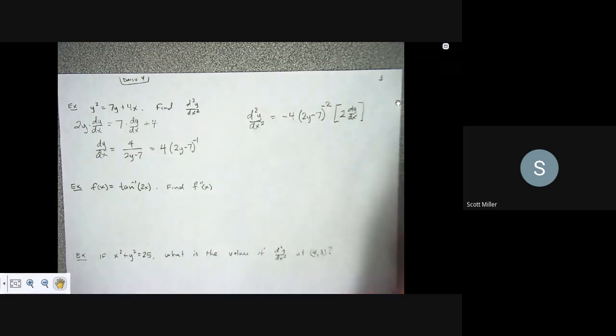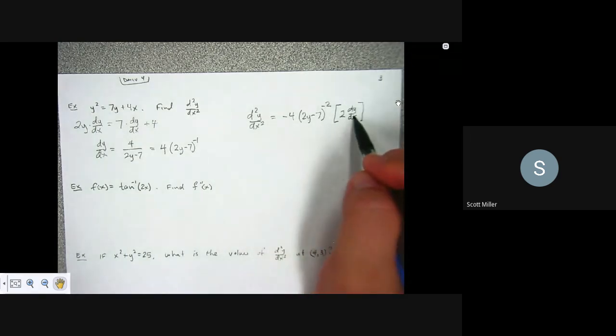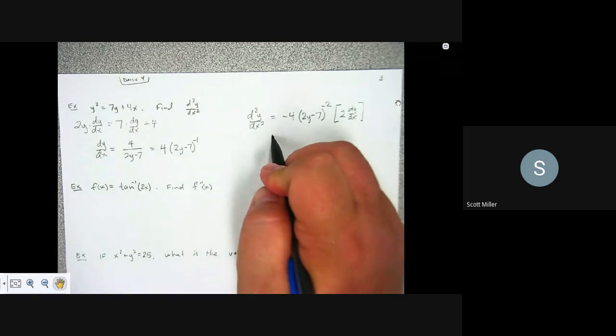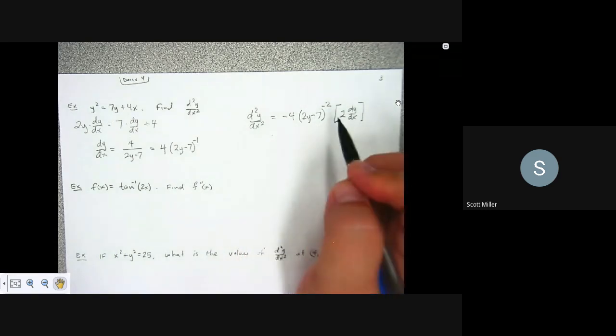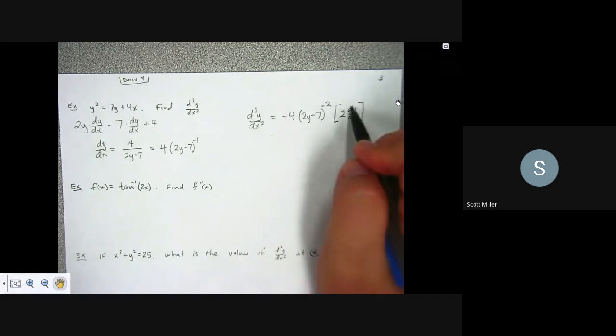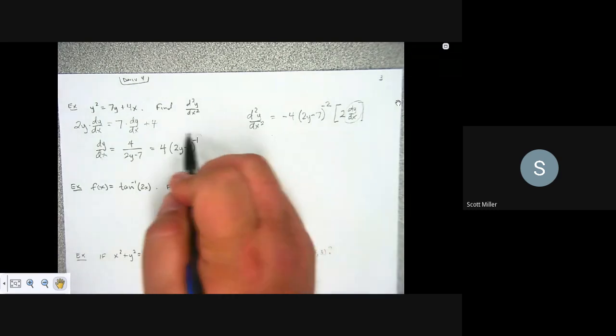So when I have this, I've got a dy dx in here. Let's take the 2 and the 4 and bring that together. Well, let's take it this way. Let's replace this with what we know dy dx is, which is this quantity right here.